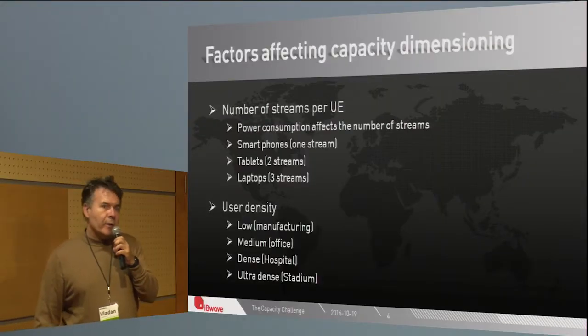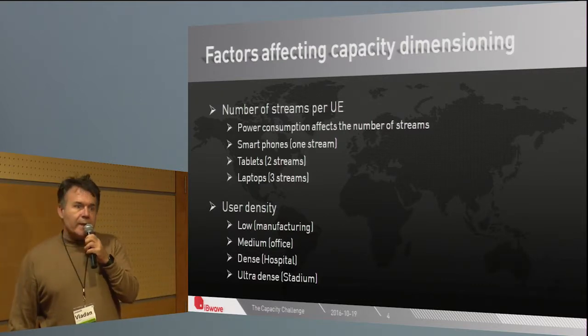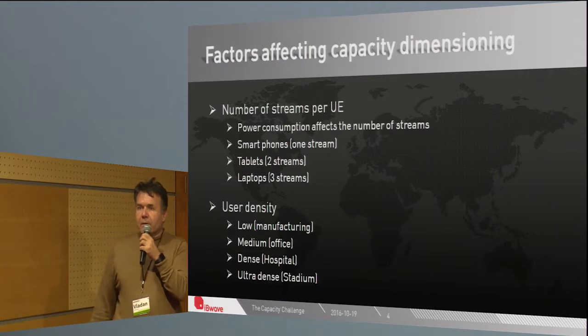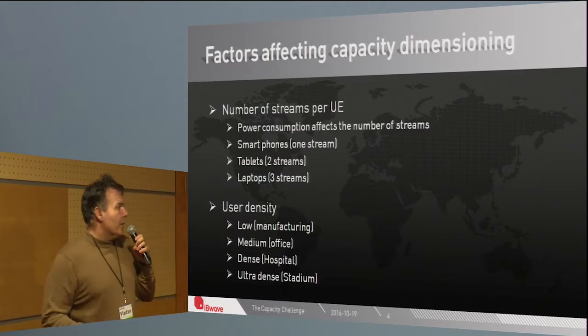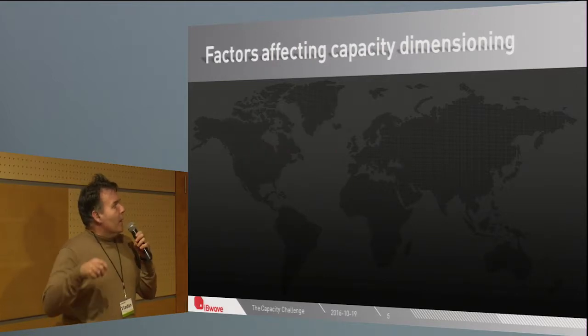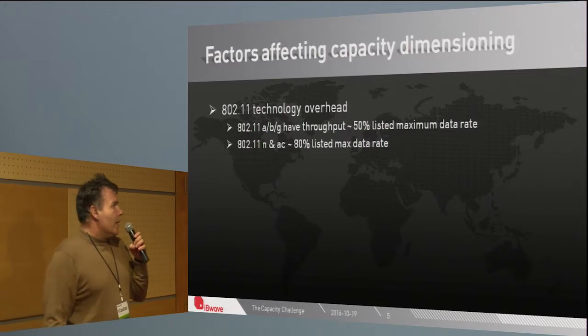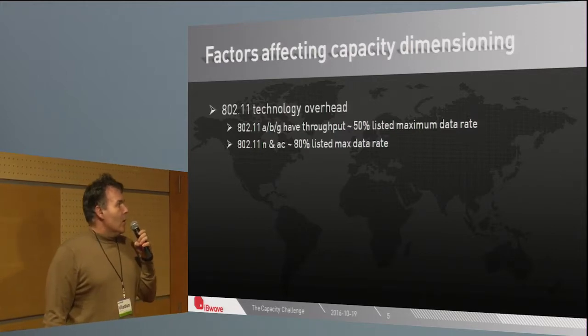Yesterday we heard an example. A gentleman mentioned that in one stadium there were like 1,700 APs, and that is essentially what happens when you have ultra-dense client density.